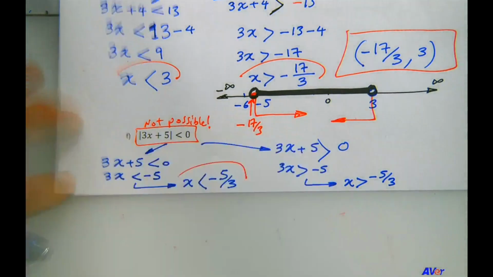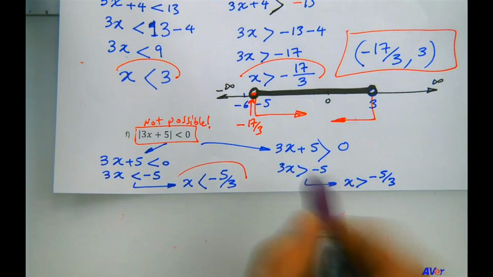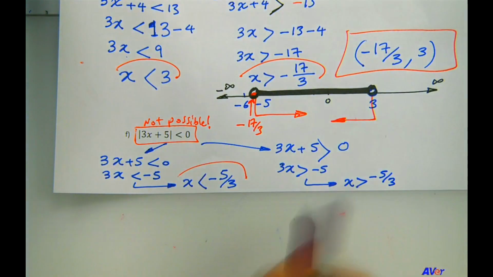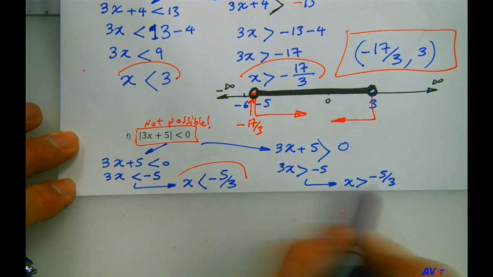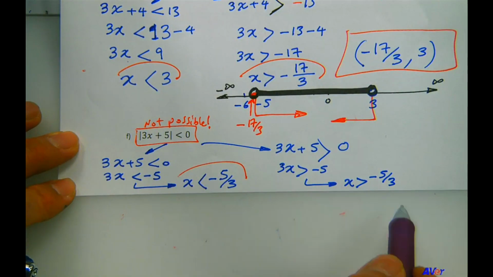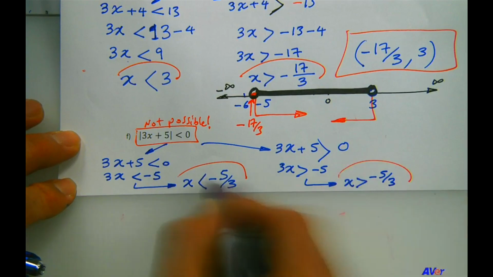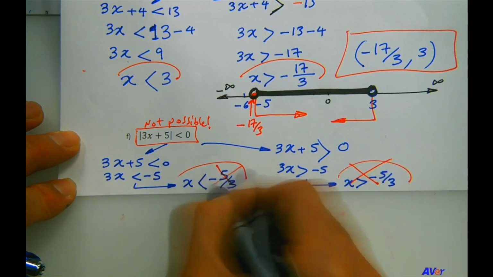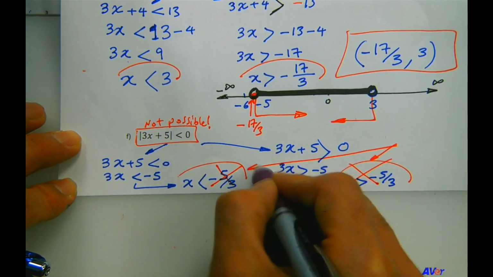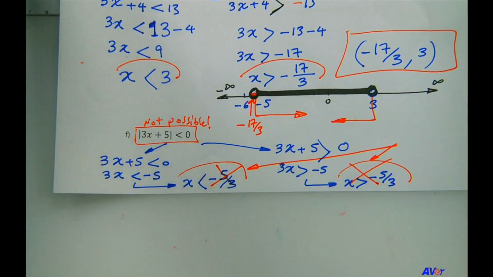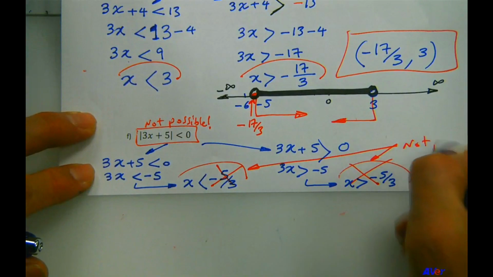And you'd be smarter than me if you said that. But look at that. Now we have an x less than negative 5/3 and greater than negative 5/3. How can that be? So compare these two. Not possible. You can't be greater than and smaller than the same value. You cannot. So not possible.